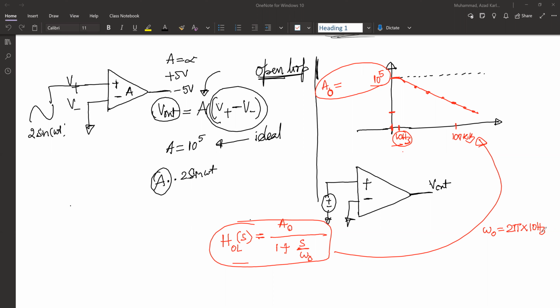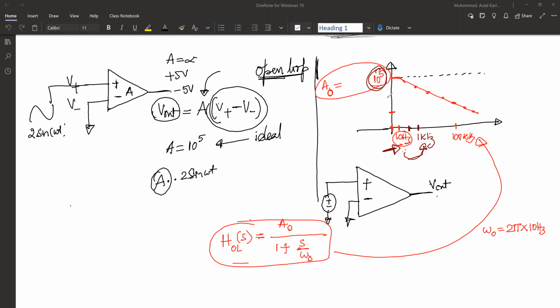So like I said, the main problem with the open loop op amp is that the bandwidth is literally very small. You don't want to operate beyond the bandwidth, because I couldn't actually get a gain of 10 to the power of 5, but even if I work with, say, 1 kilohertz, right? That is like 2 decades away, because 1 decade is 100 and the next decade is 1000.